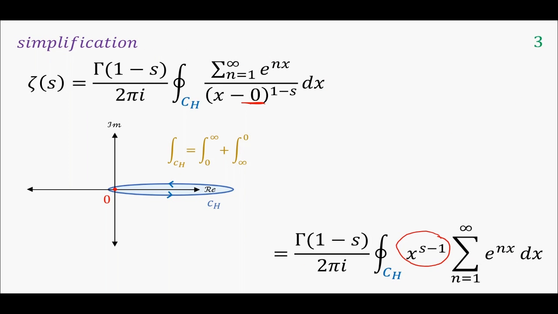Let's just go back a slide here. The contour we're using is the Hankel contour, which is this thing right here. The reason we're using that will be shown to be useful later.